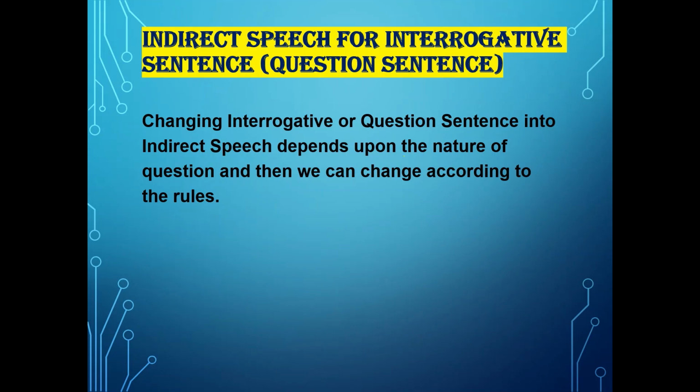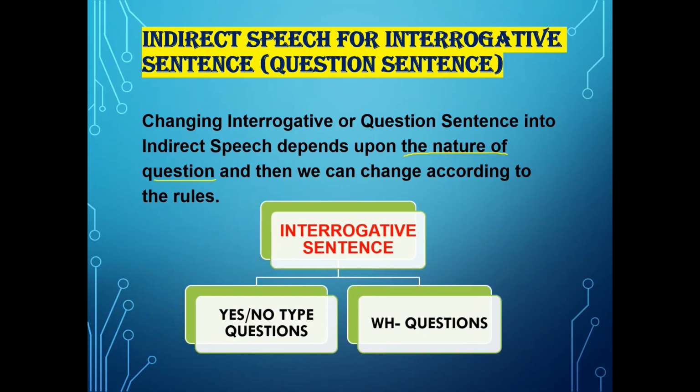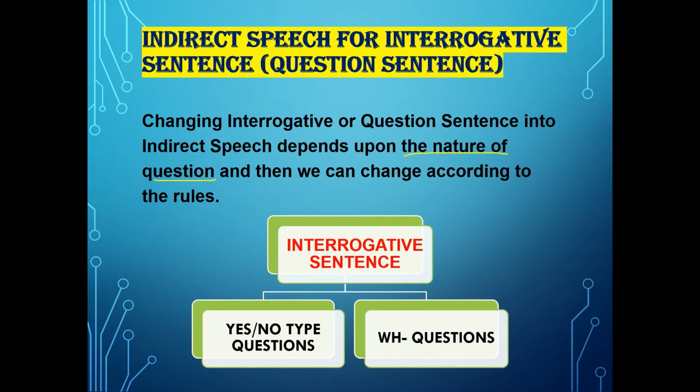Interrogative sentences are mainly two types. One is yes or no type questions and the other is WH questions. And after that we can change according to the rules we have discussed in our previous video.